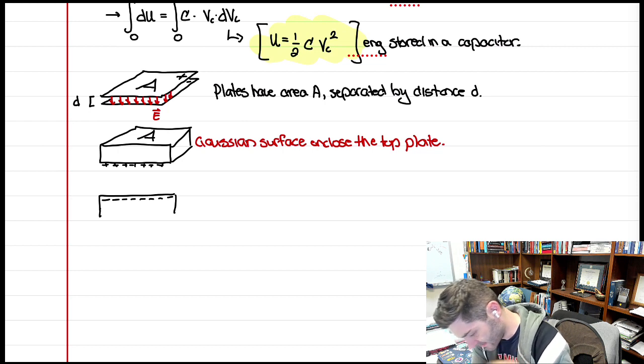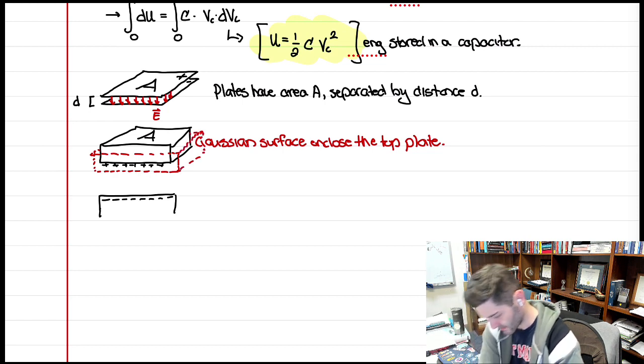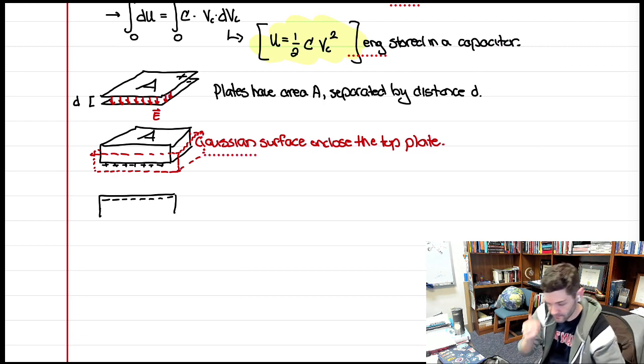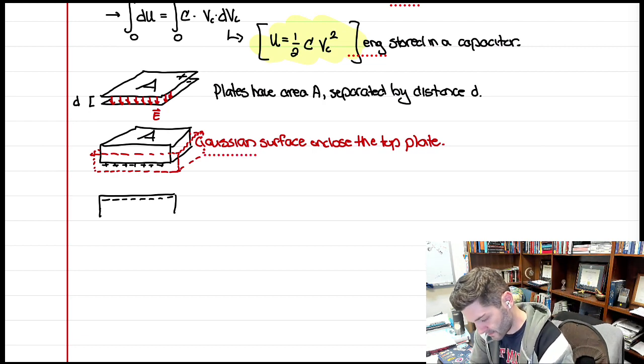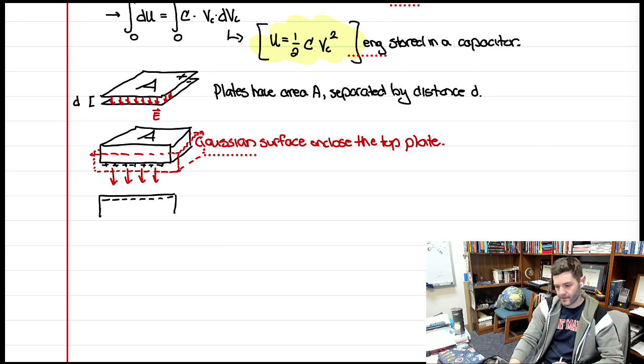So I'm going to use a Gaussian surface that essentially includes that surface, but then it goes into the top plate, like such. And why is that useful? Because I know the electric field right off the surface of the top plate is uniform and points down.